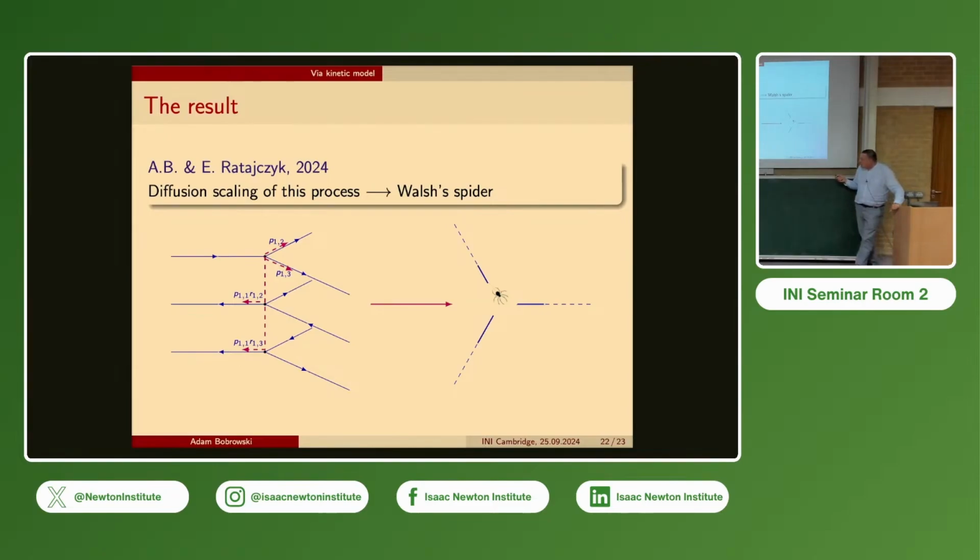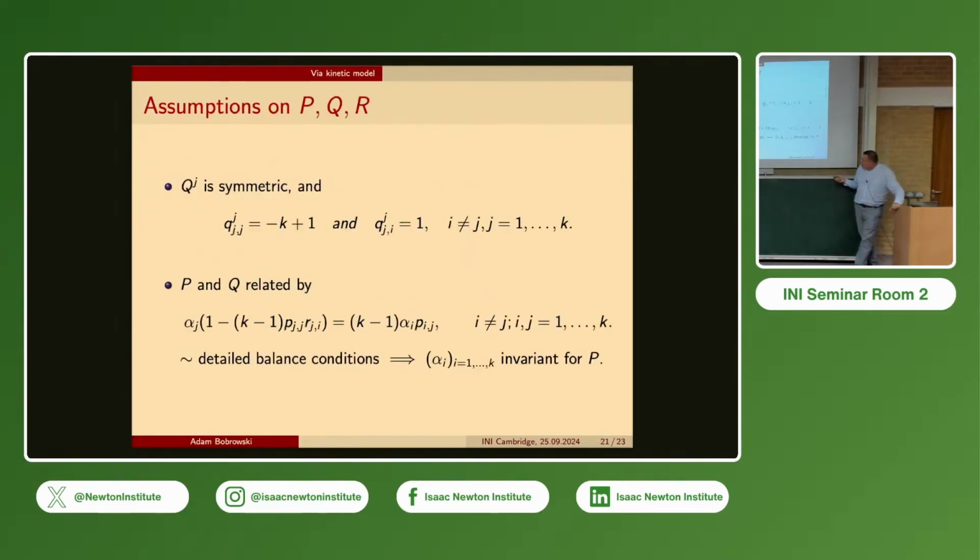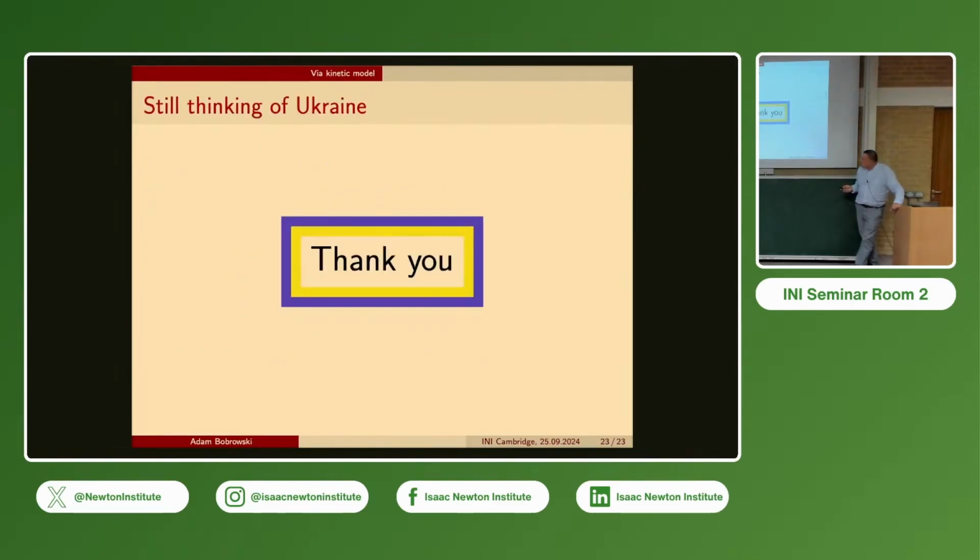If you do diffusion scaling of this process, in the limit you will obtain Walsh's spider process with alpha i's as probabilities for this limit process. That's it. Thank you very much.